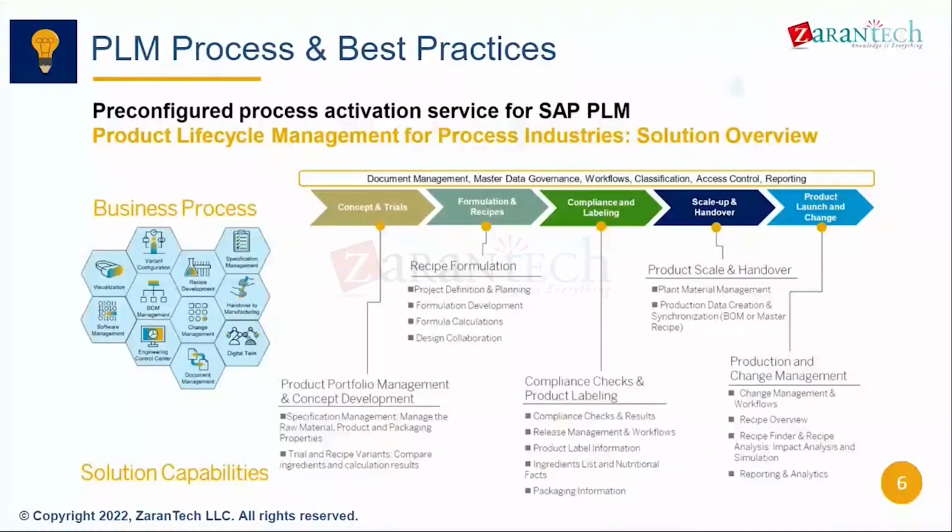Everything you can see within this product launch and change phase. So all the bullet points you are seeing will be part of your pre-configured process activation service if you are proposing it for any customer. And these are the 5 stages, from the idea of a product to launching a product, and if there is a need for change of that existing product. So this is a cycle.